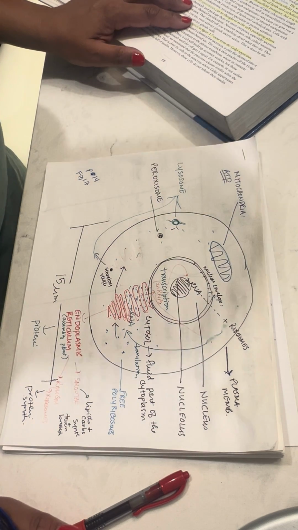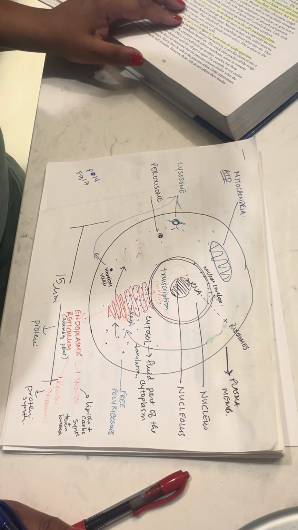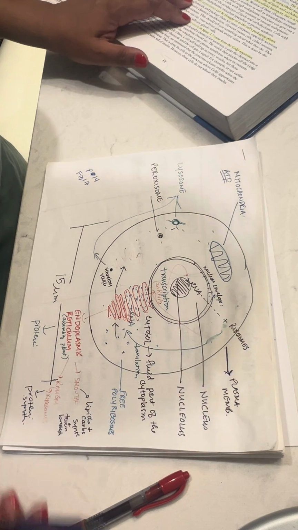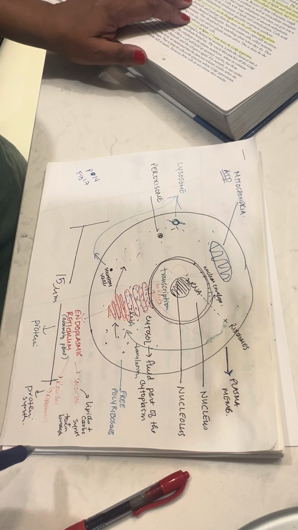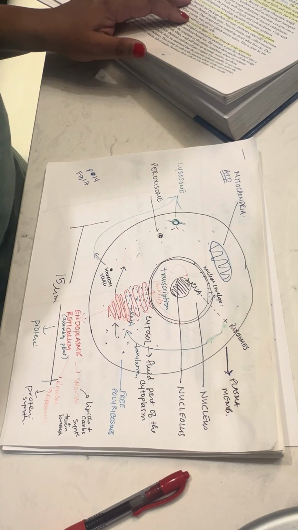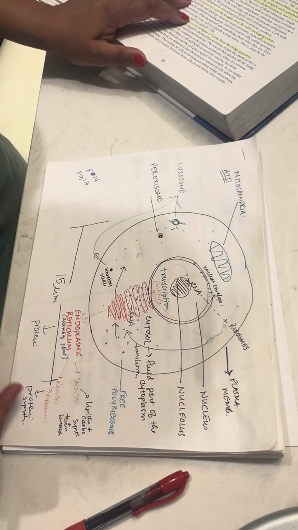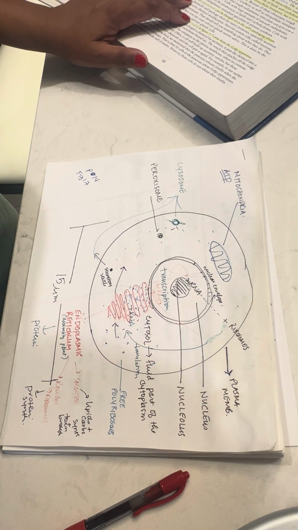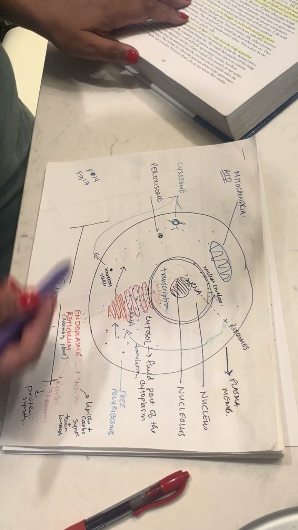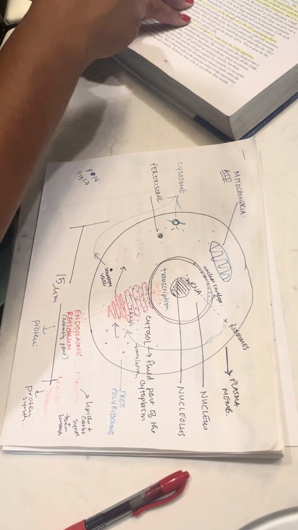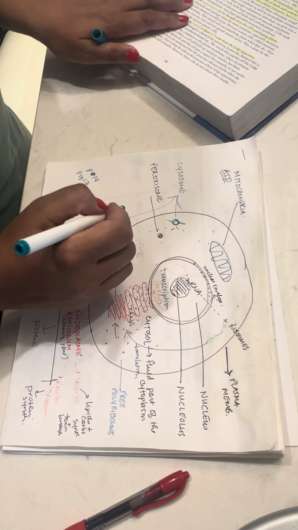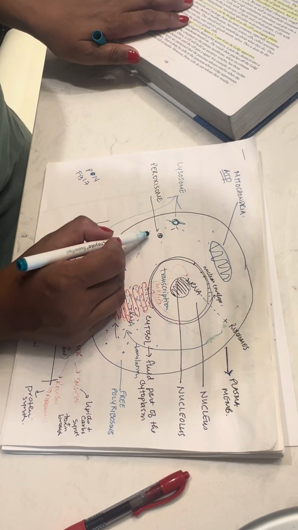Okay. Now, the Golgi apparatus. Let's talk about that. Do I have that in here? Okay, so the Golgi apparatus, let me get a marker, is wider and more ribbon-like, okay?